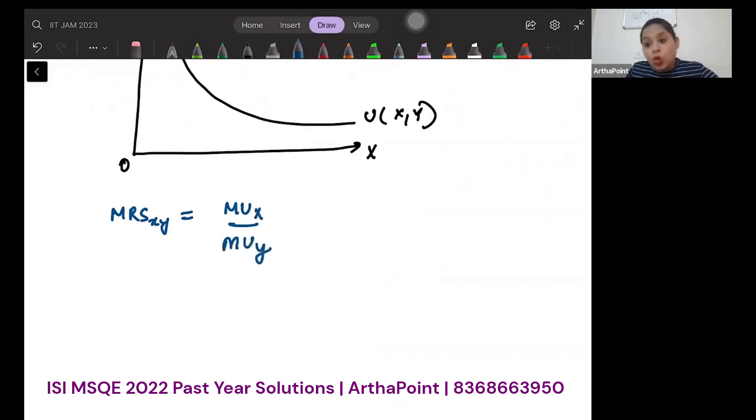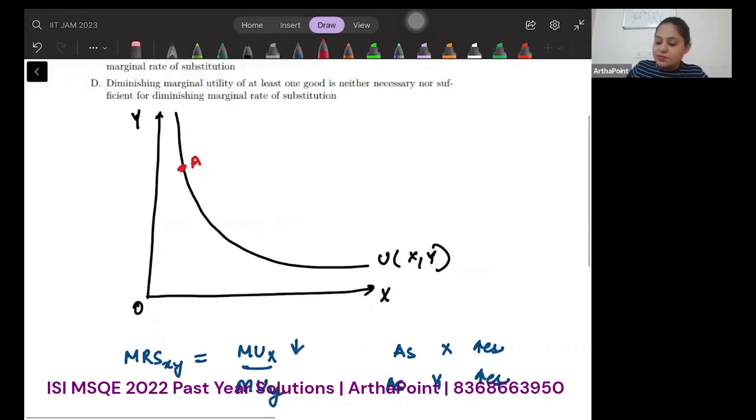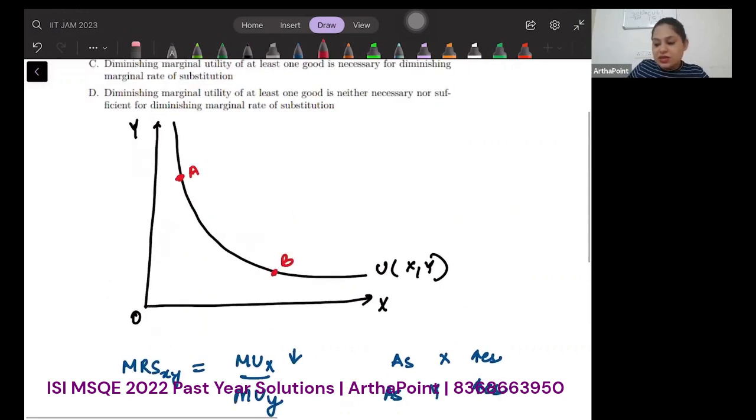We know that as consumption of X increases, the marginal utility of X decreases, it diminishes. And as Y increases, the marginal utility of Y also decreases. So when I go from point A to point B, X is increasing, so its marginal utility decreases.